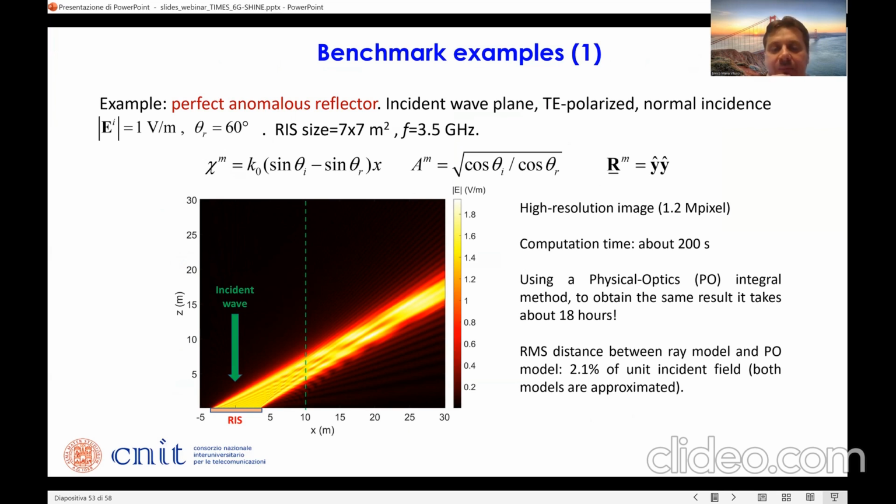And as a first benchmark, we considered the case of a perfect anomalous reflector, which is able to convert a normal incident wave into a radiated wave forming an angle of 60 degrees with respect to the normal of the RIS.